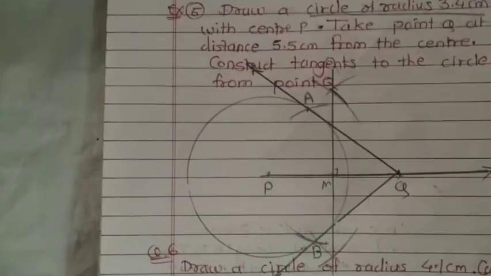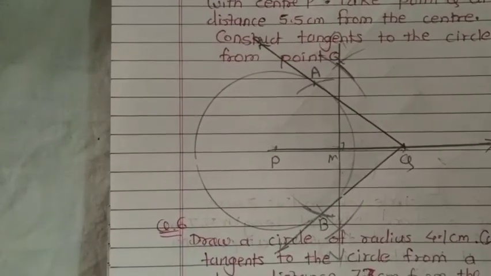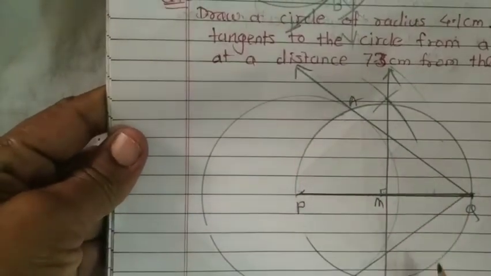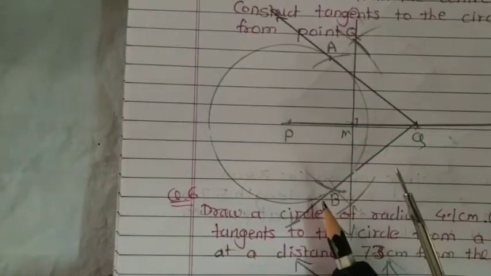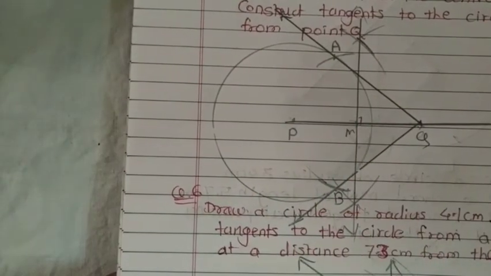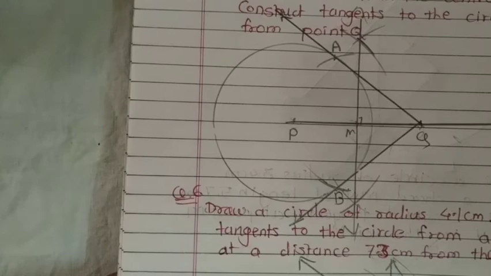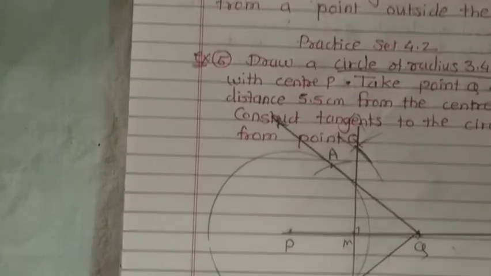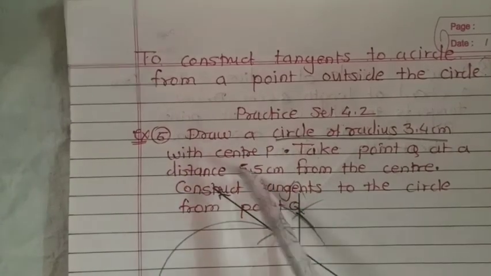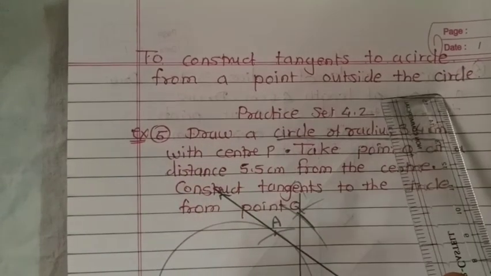Again I repeat, we may take the total circle from this perpendicular bisector, or simply draw arcs intersecting the first circle; that is also allowed. Hence we learn how to construct a tangent to a circle from a point outside the circle.